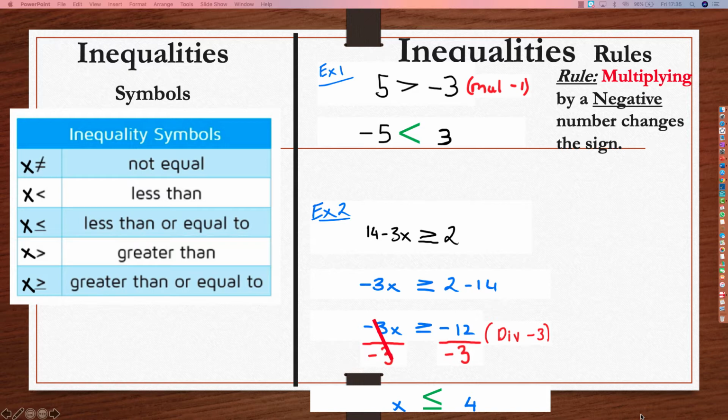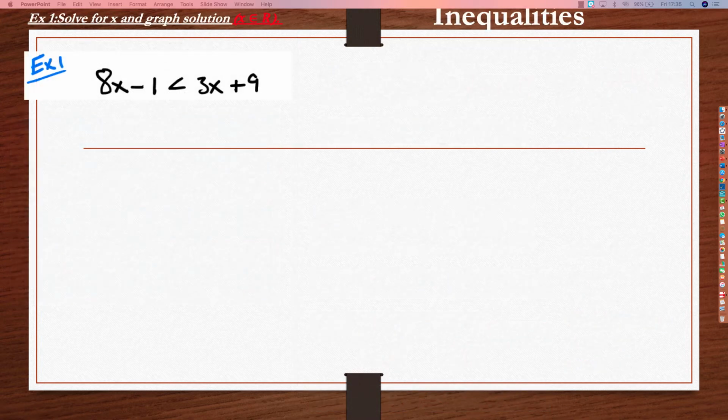Is that alright? Right, off you go. Start with the basics first of all. Get an answer here, and graph. Get an answer and graph. We're looking to get x on its own.